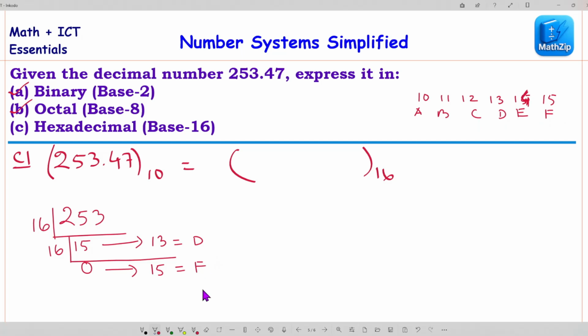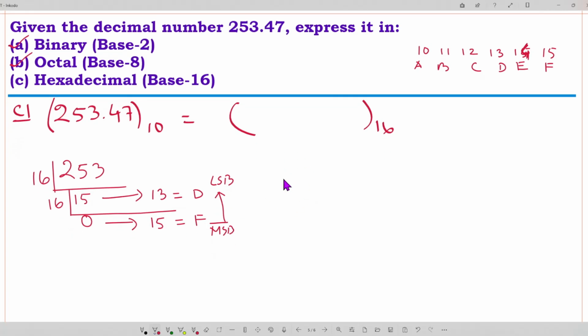So 15 is F. F is the most significant bit, and D is the least significant bit. Therefore 253 is a decimal number and this one is FD in hexa. Okay, so the first part is done.